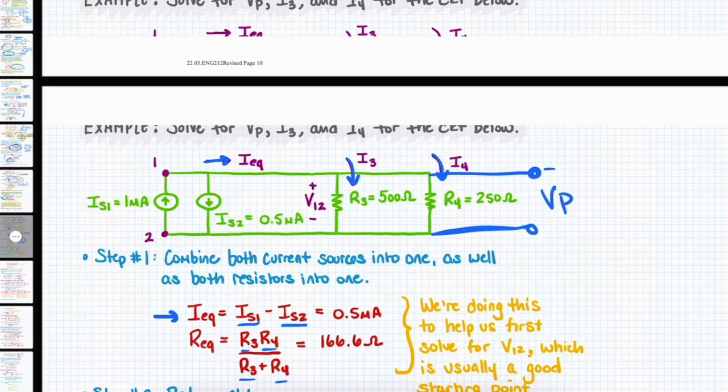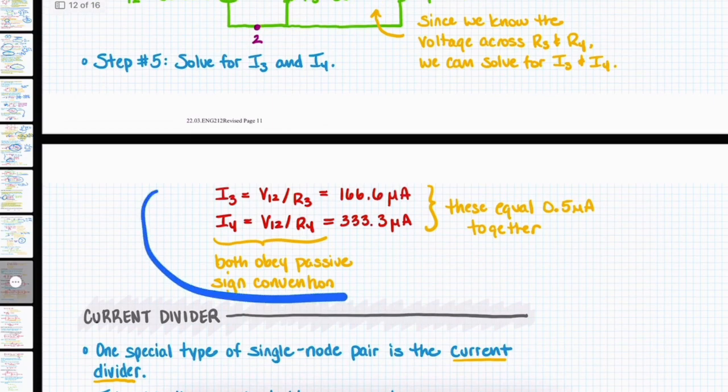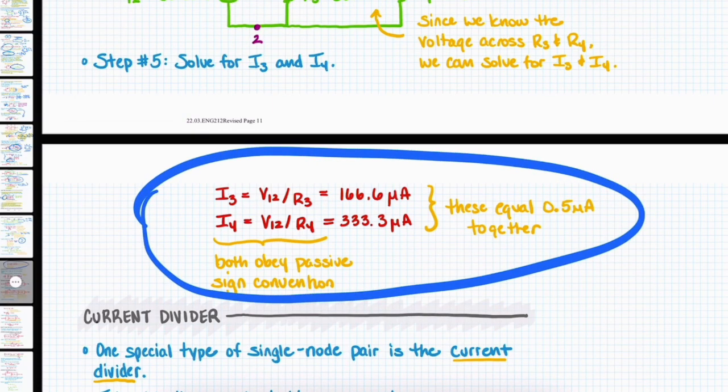You can see there's a pretty easy way to solve for that. We know I3 would be equal to VP over R3 and I4 would be equal to VP divided by R4. So we could do it that way. That's relatively straightforward. And that's what's shown right here.